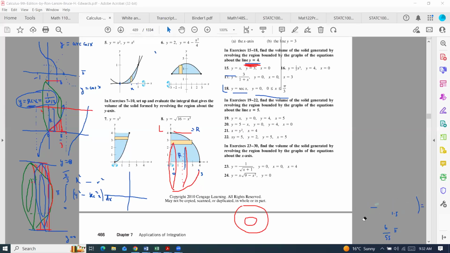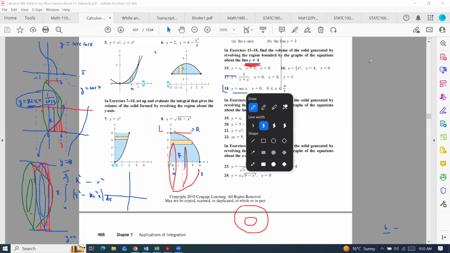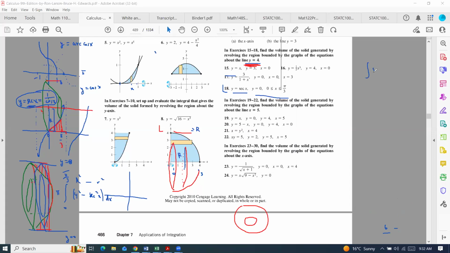And the antiderivative of the secant squared, is that the tangent according to the formulas? So please notice that if you go to the front of the textbook in the beginning where the formulas are, you will see that the antiderivative of secant squared is tangent.